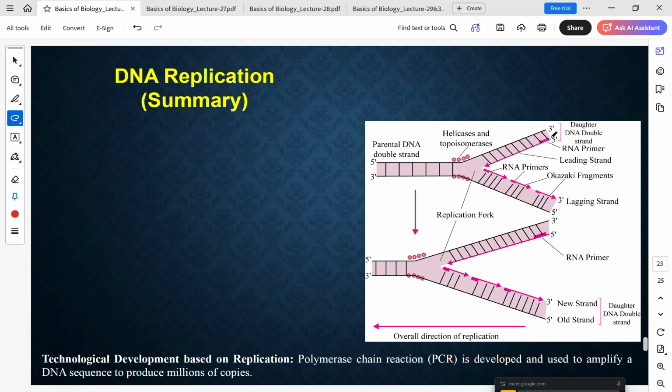In case of leading strand, the copying happens in a continuous manner, whereas in case of lagging strand, the copying happens in short bursts of few nucleotides. And later, after the copying is done, the RNA primers are removed from both of these. The lagging strand products are joined using DNA ligase, and you have two strands of the DNA.